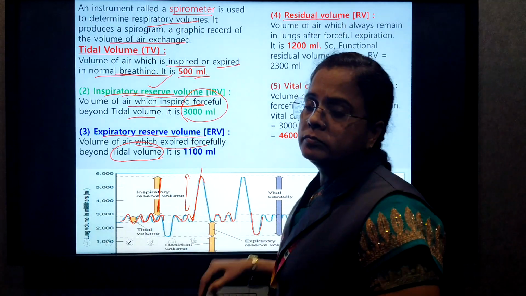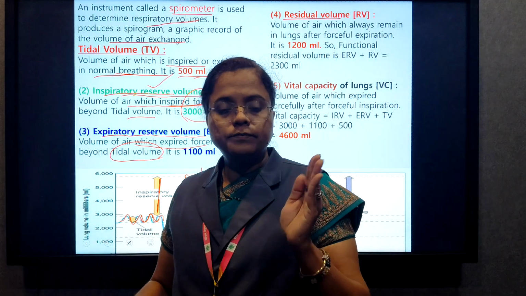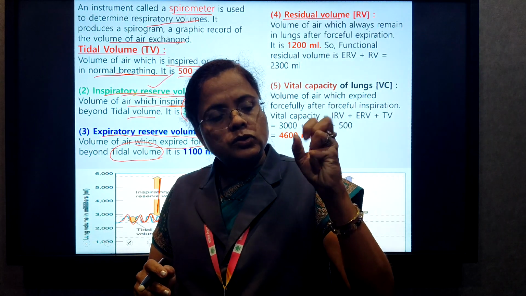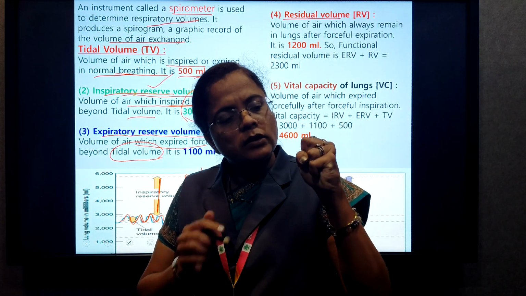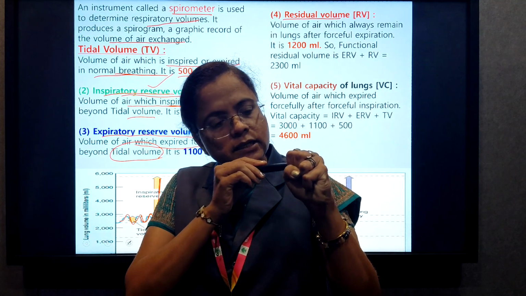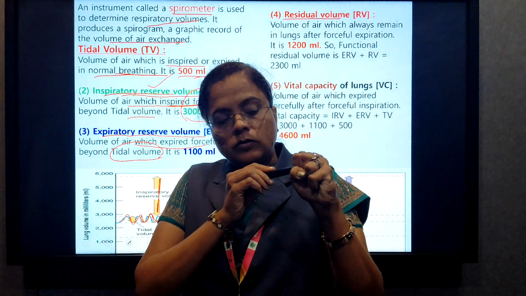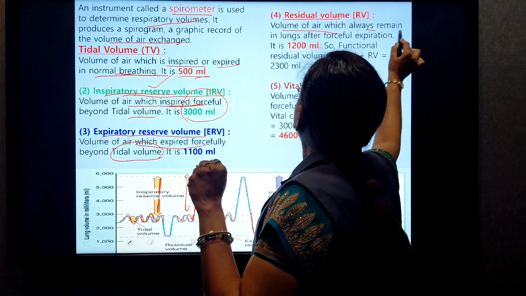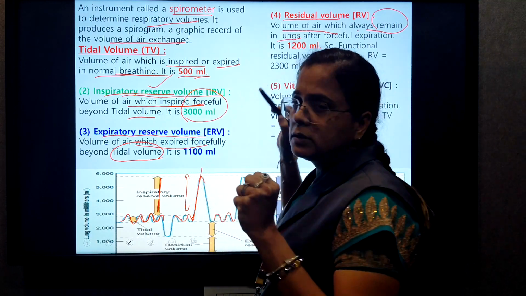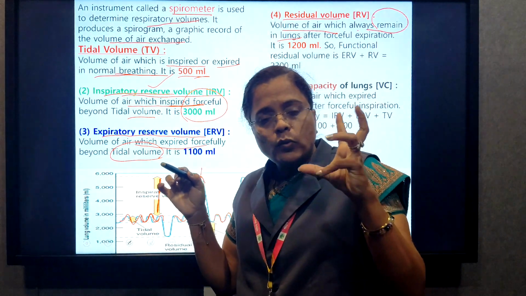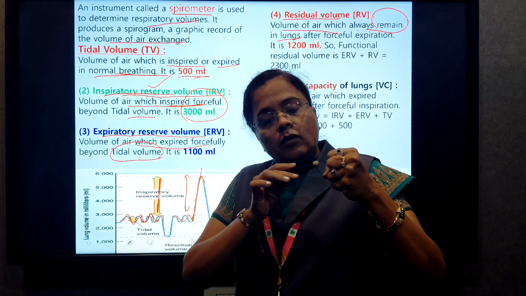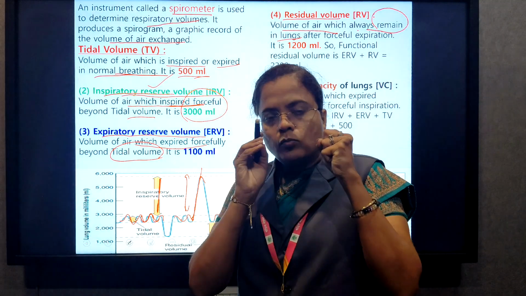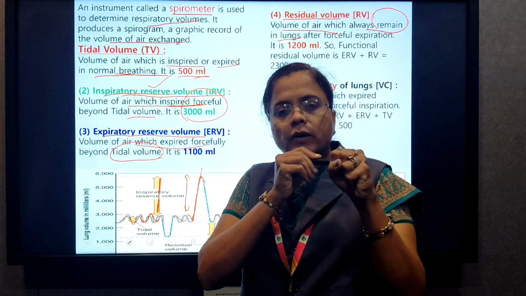Residual volume: when you squeeze a scotch brite, the remaining water content is present in the sponge. Residual volume is the volume of air which always remains in the lungs. This is the example of the sponge. When you squeeze the sponge, all the water is not released. Some water molecules adhere to the sponge wall.